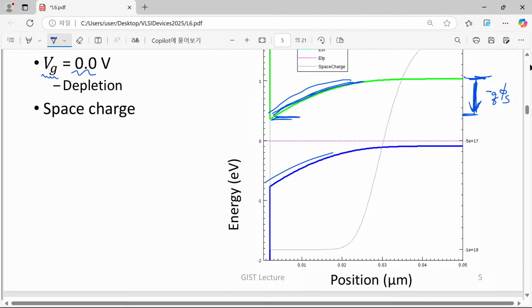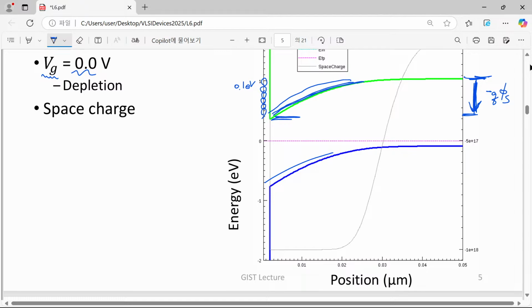Please try to estimate it. This is 1 eV, and this is 0 eV, and 1 tick corresponds to 0.1 eV. You can see 1, 2, 3, 4, 5, 6, not 7. So although you have the overall bending of 0.94, about 0.3 eV is applied to the oxide layer, and the remaining part is applied to this silicon layer.